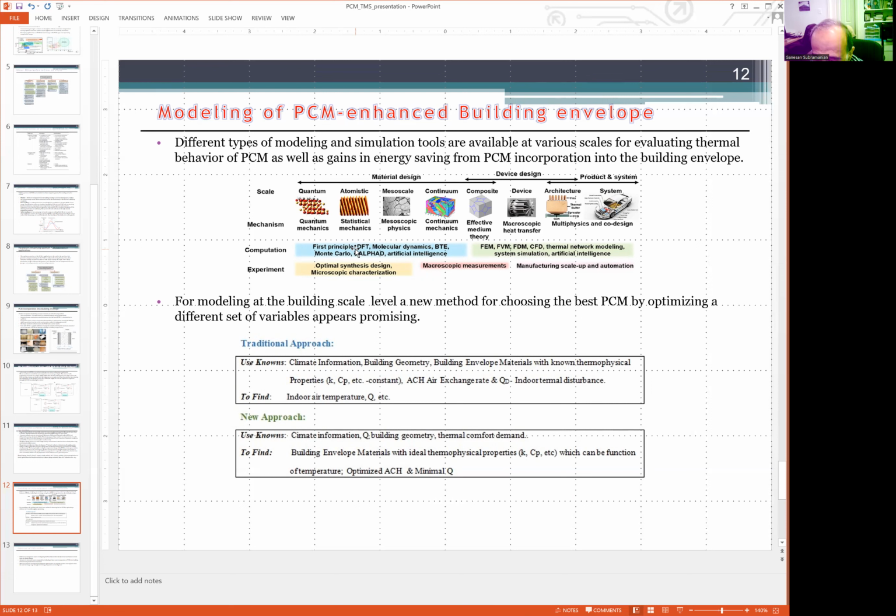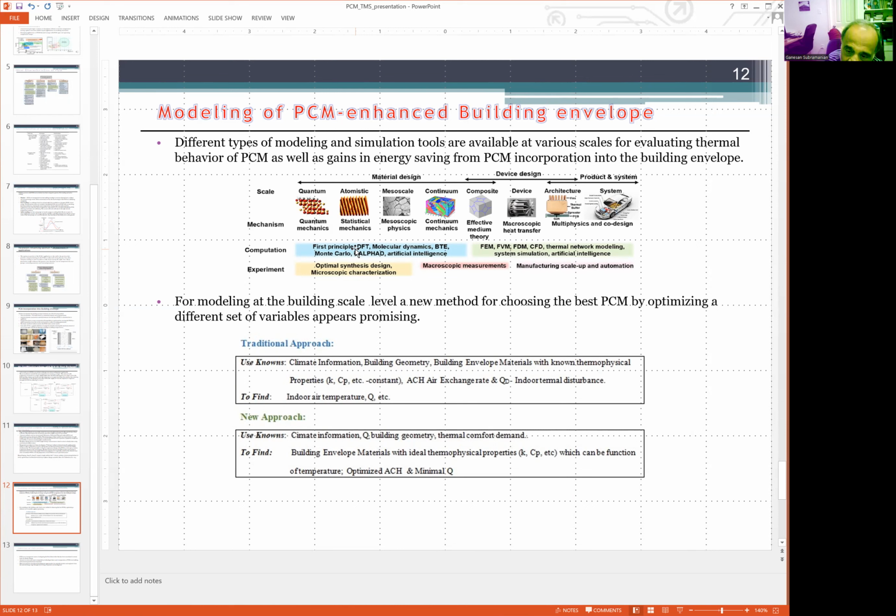These are tools like ANSYS, and then there are many tools available at the Department of Energy websites. And all the way to the final product and system. And this reflects then there would be experiments at the manufacturing scale-up and automation level.